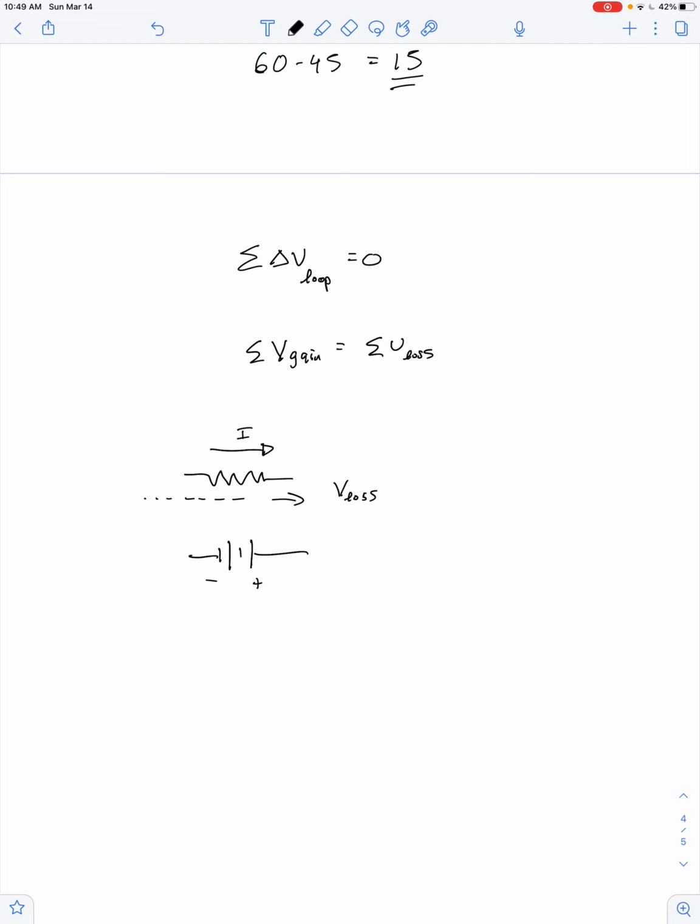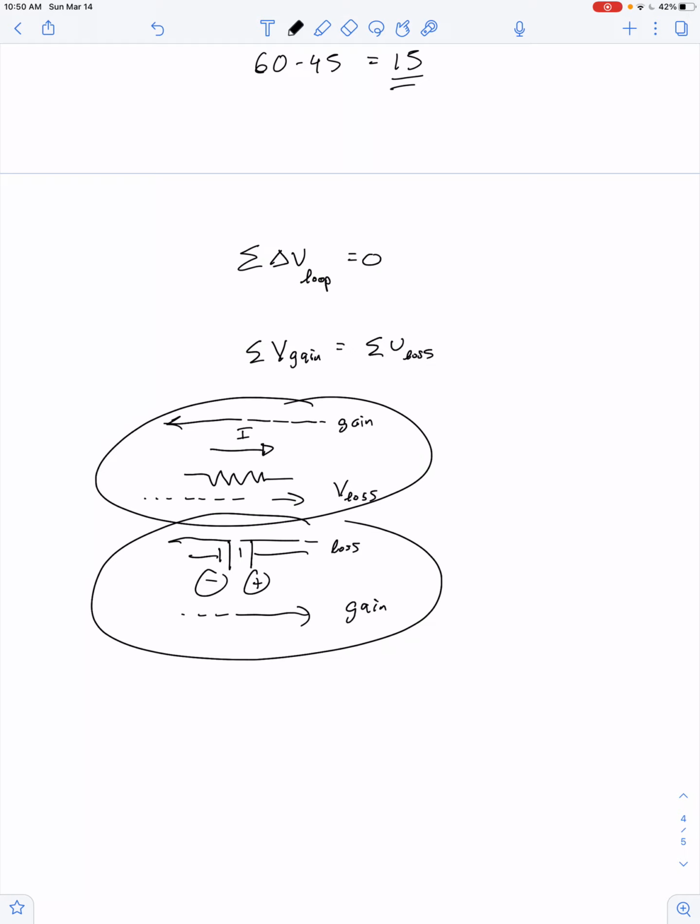If we encounter a battery from the negative to the positive terminal, tracing to the right, that's a voltage gain. However, had we traced to the left, then there'd be a voltage gain across this resistor, and there would be a voltage loss across this battery. Hopefully that gives you more insight into Kirchhoff's loop rule.